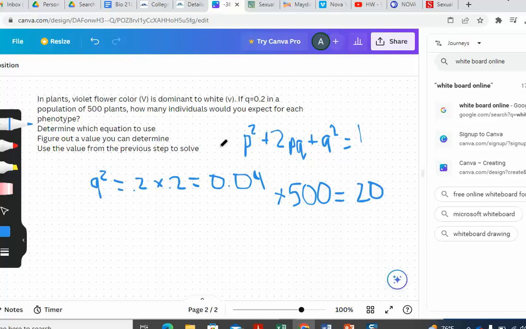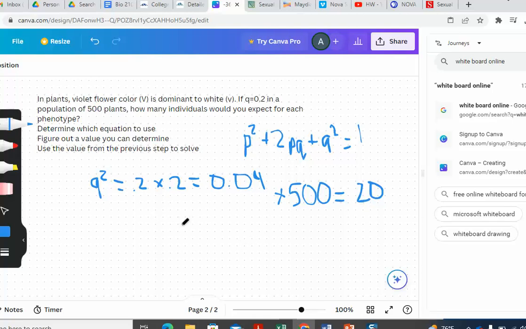Everybody else in this population is going to have violet flowers. So I could either use this formula and determine that p squared plus 2pq is 0.96 and multiply 0.96 by 500, or I could just subtract 20 from 500 to determine the number of individuals that have violet flowers.